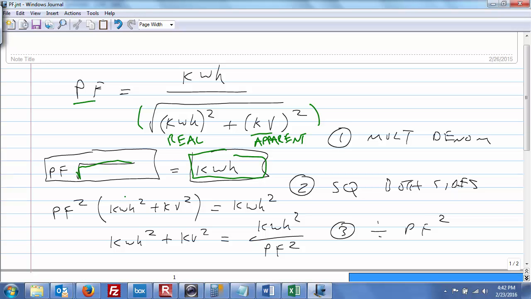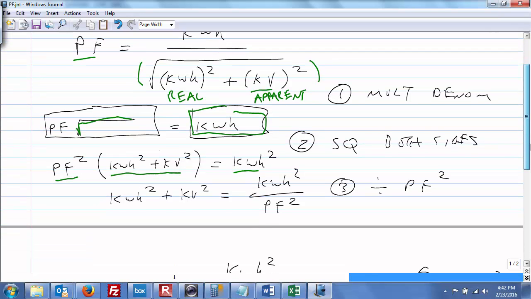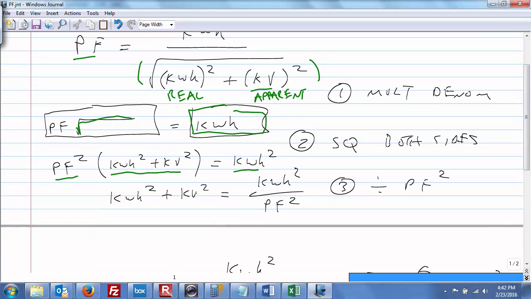From there, I just square both sides. So I've got the power factor squared. Everything under the square root is now just its normal self. The real power gets squared, and then it's just a matter of solving for kVA. My little notes are off to the side.